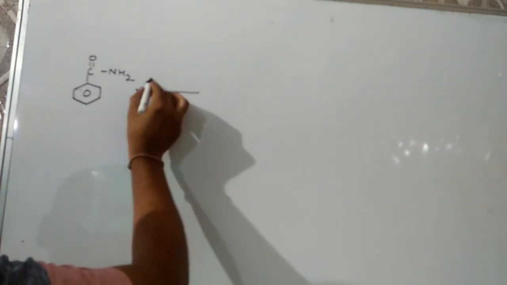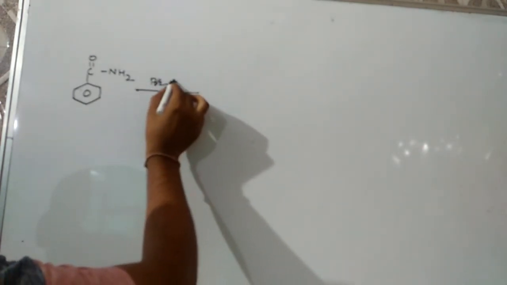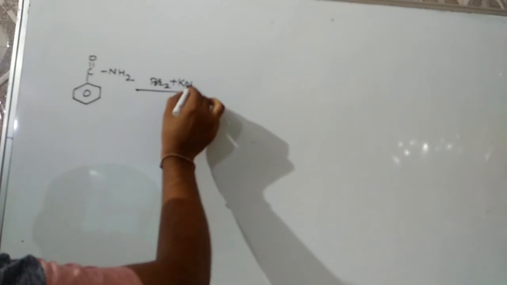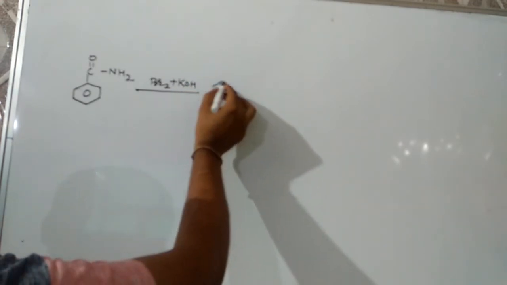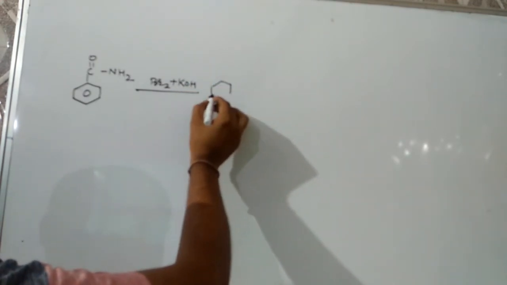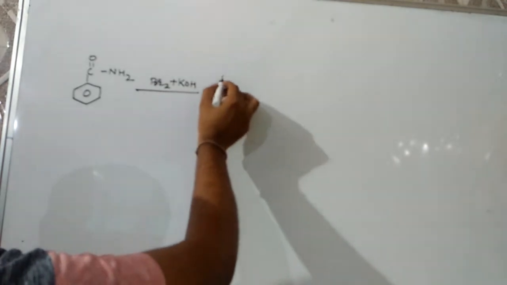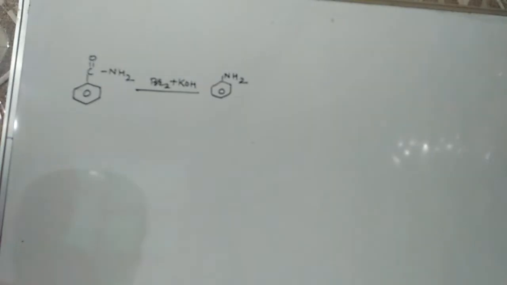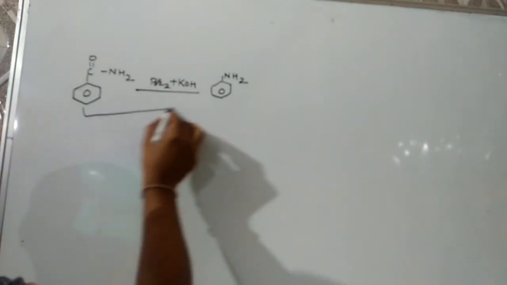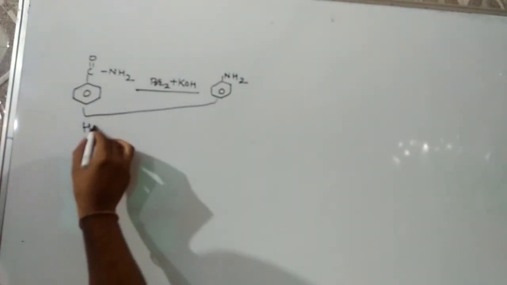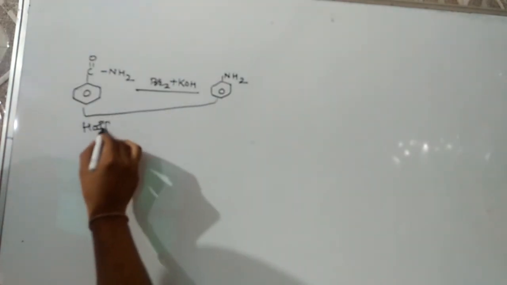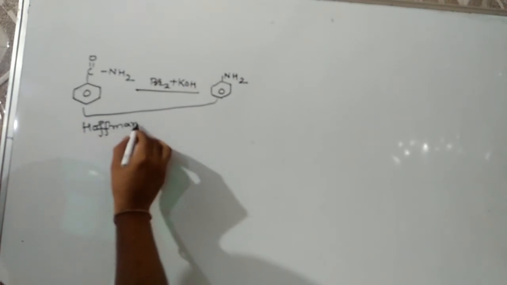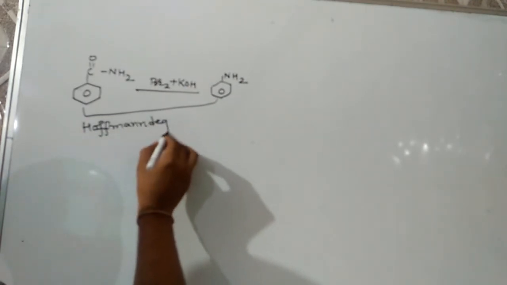If we want to convert an acid amide into aniline or an amine, then we have to do the Hofmann degradation reaction. For that, the acid amide reacts with bromine in presence of KOH to give a primary amine with one carbon less, and this reaction is known as the Hofmann degradation reaction or Hofmann bromamide reaction.